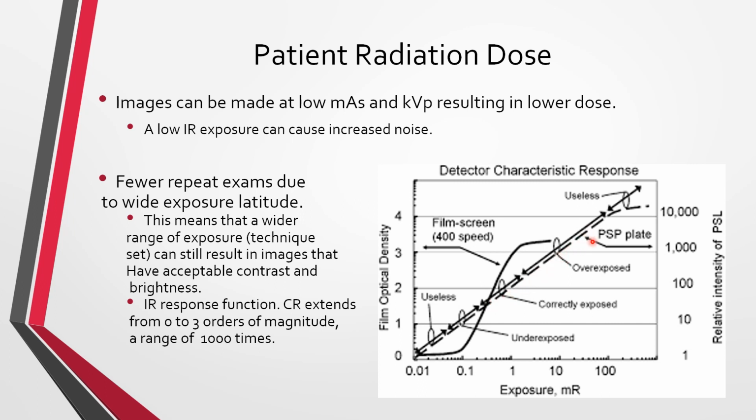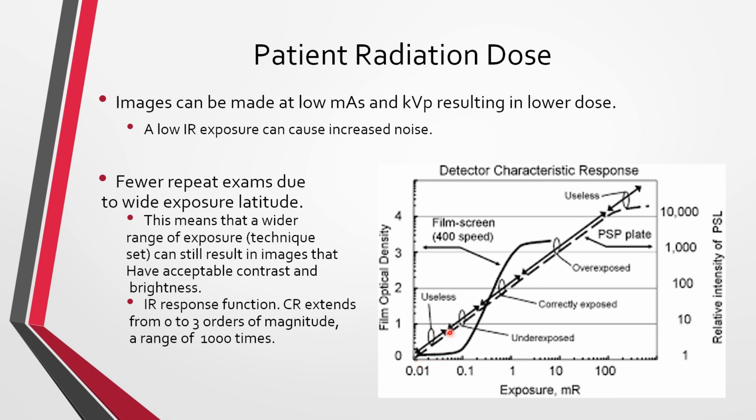Overexposed would be in this area, where we use too much radiation, perhaps, but it's still going to produce an acceptable image. And then everything beyond that, at a certain point, is going to be useless. So this curve right here, how it flattens out at the dotted line, everything here is going to be black. It's going to be hard to see anatomy at this point. So that's what this curve is showing here.